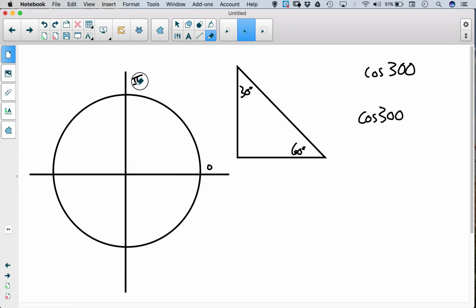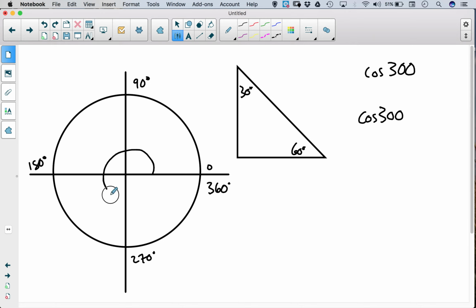So if I have my labeled unit circle here, 0, 90 degrees, 180 degrees, 270, and 360, I should be able to place 300 pretty quickly. We're used to seeing numbers like this, so I can say it's all the way past 270, 30 degrees inside of this quadrant here. So that means that cos, C is down here, cos is going to be positive. So cos of 300 is going to equal some positive number.